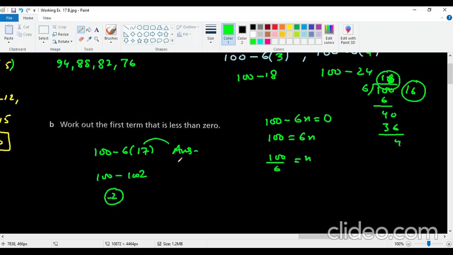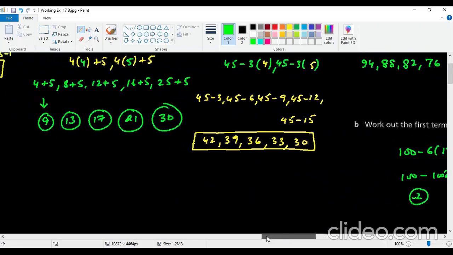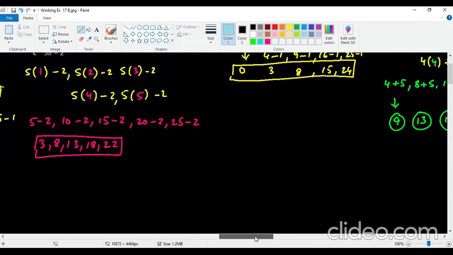Now I feel there is a little correction here. 4 times 5 is not 25, it is 20. Okay, so 20 plus 5 is going to be 25, not 30. And then one more here. 5 times 5 is 25.